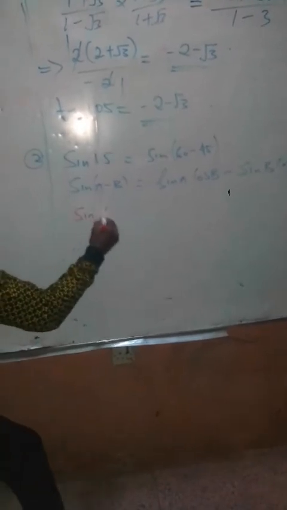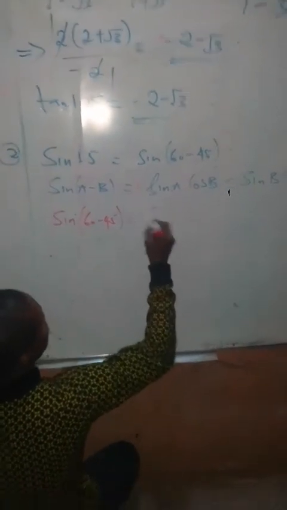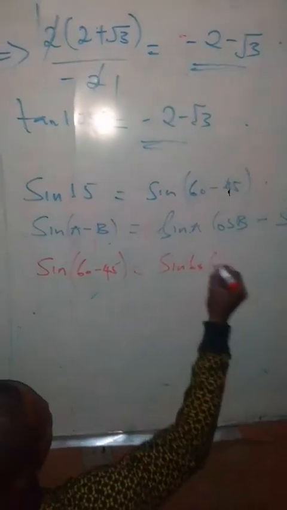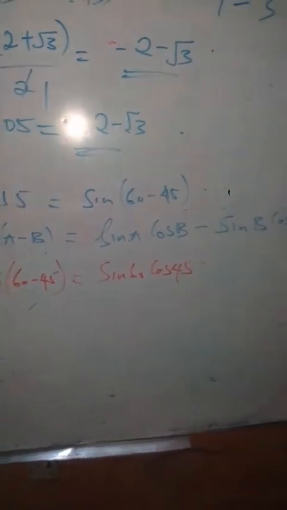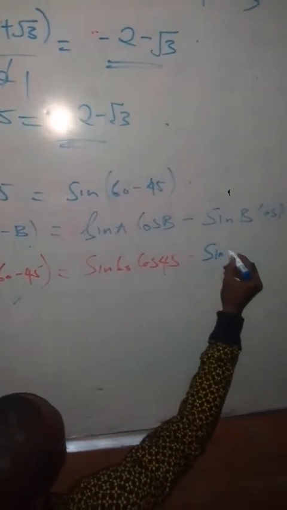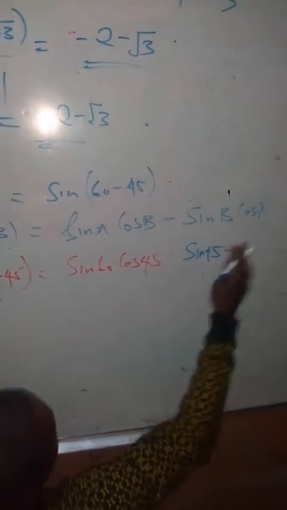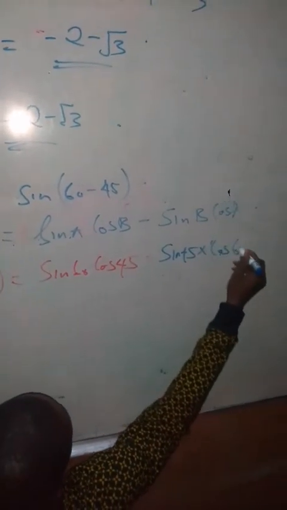So obeying that simple formula, sine 60 minus 45 automatically becomes sine 60 cos 45 minus sine 45 times cos 60.